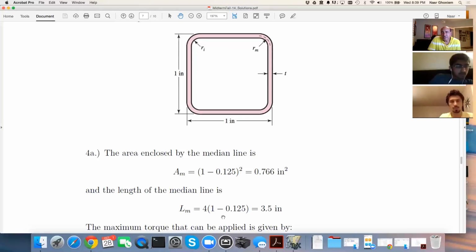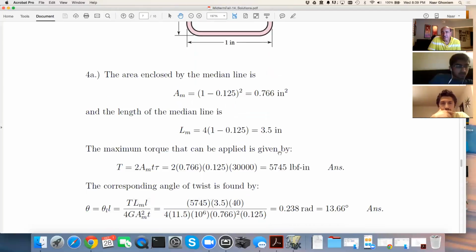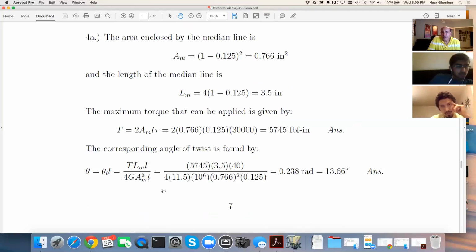And then the median line has a perimeter, which is 4 times the size, because we have 4 sides. And then this is Bredt's formula here: torque is equal to 2 times the mean area times thickness times tau, the shear stress. And if we know tau, as for example, is given as a limit, then we can find the maximum limiting torque, and vice versa. So we can have these combinations of parameters in the solution.